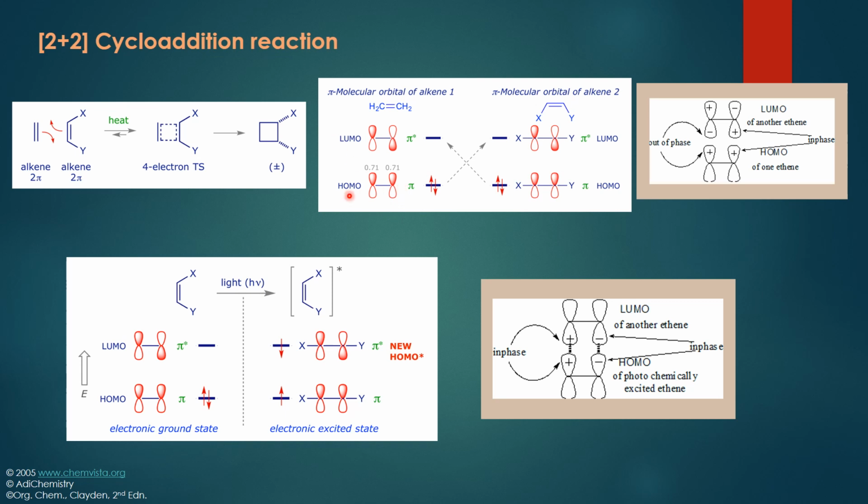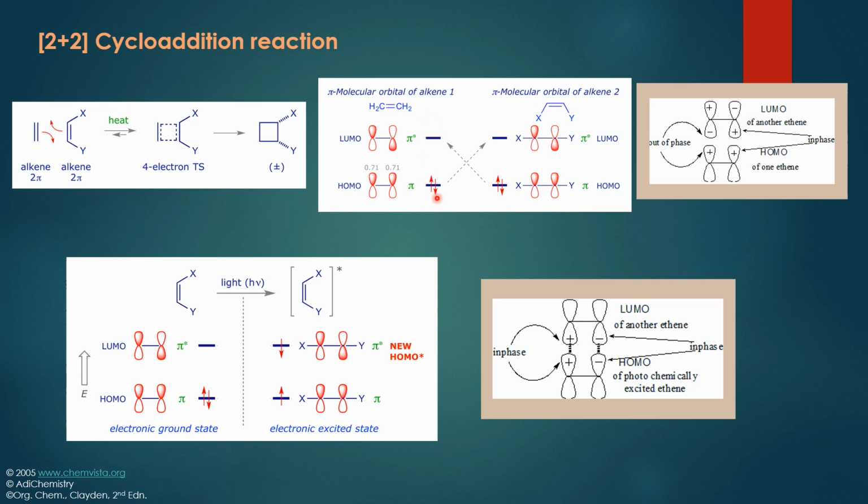When the pi and pi star orbitals are arranged in increasing order of energy, the pi orbital is at lower energy than the pi star orbital. So these 2 pi electrons go into this low energy pi bonding molecular orbital, and the pi star orbital remains vacant because it has only 2 pi electrons.